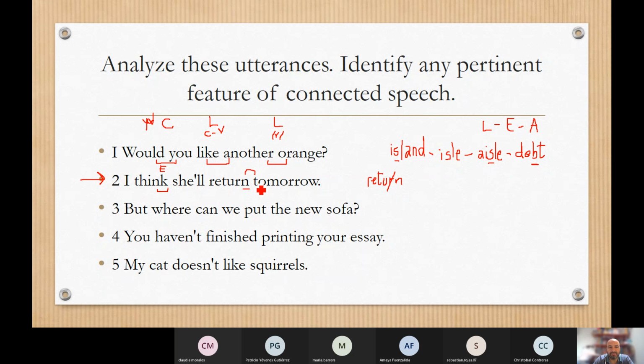Probably T becomes a little bit nasalized. It's hard to tell, right? But definitely, one sound is not produced. We don't say "return." Do we? Some speakers may not, right?